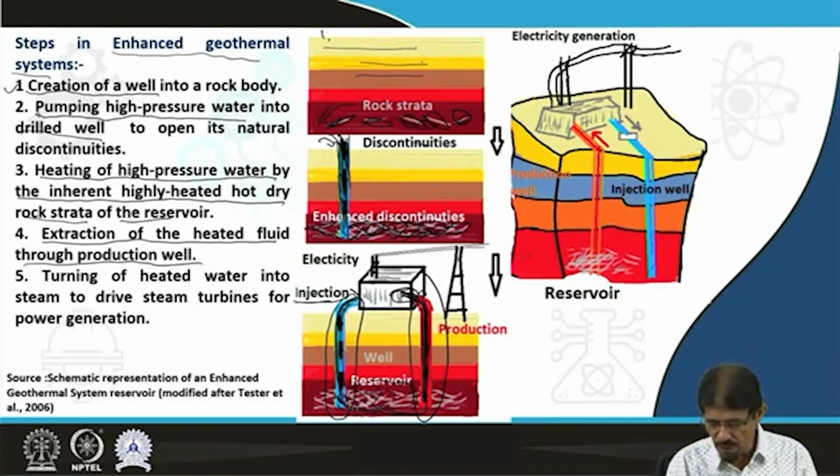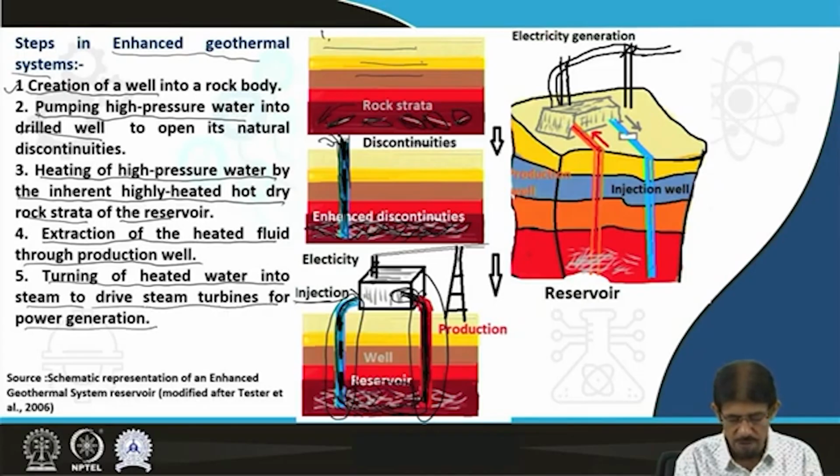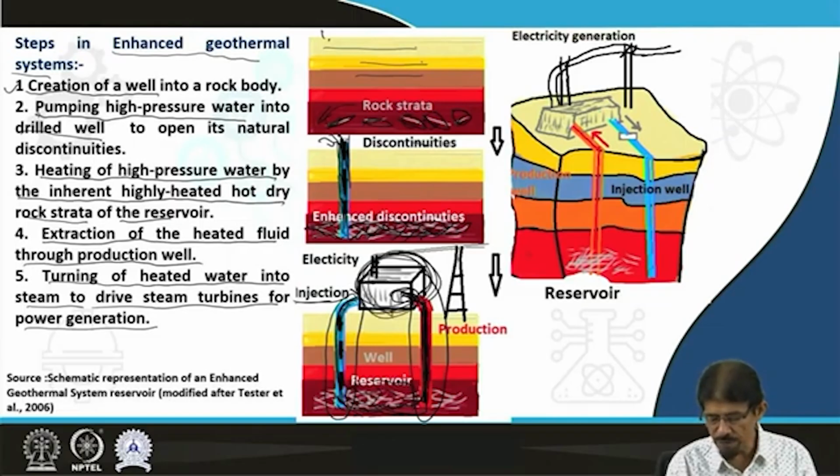The hot fluid moves from this location to another location naturally due to temperature difference, and the production well is suitable to extract the heated water. Then the heated water is turned into steam to drive steam turbines for power generation, utilized after collection of the hot water or the steam for generation of electricity.